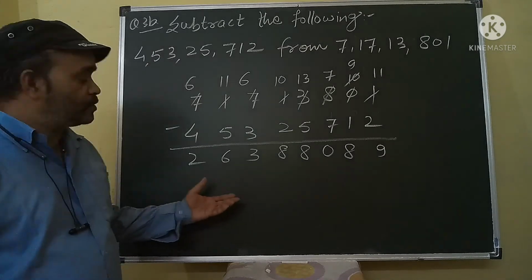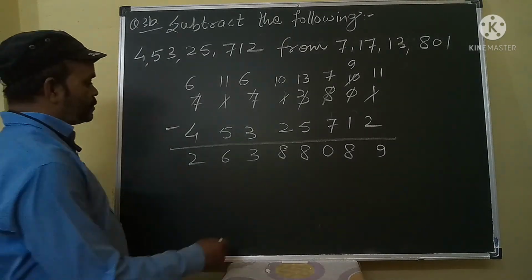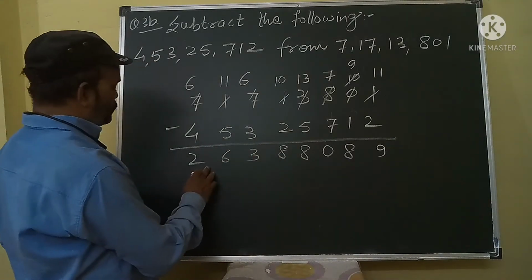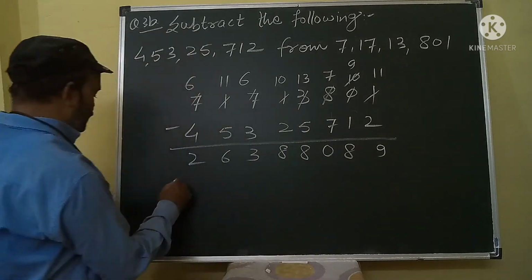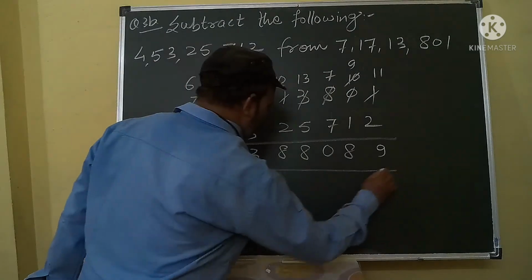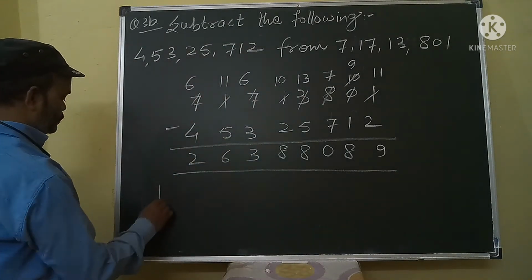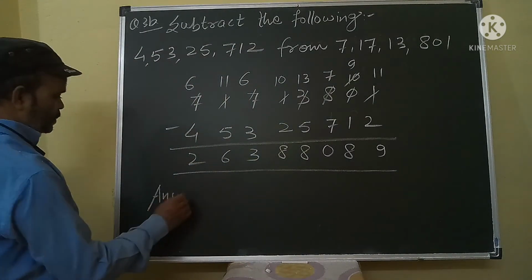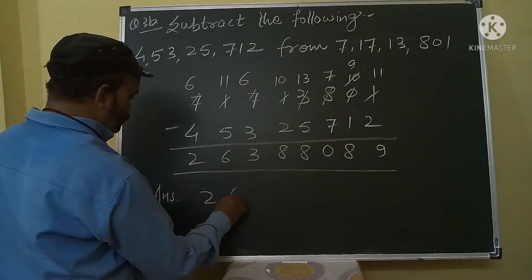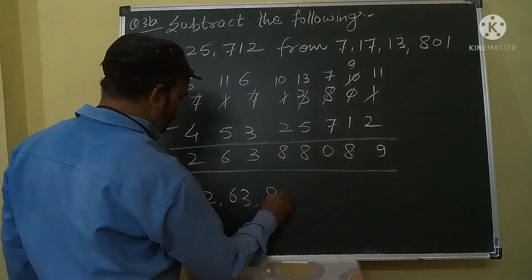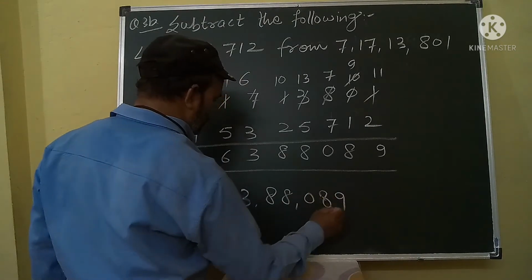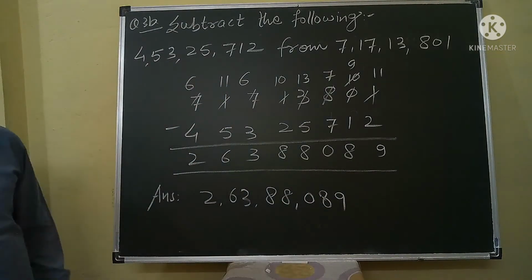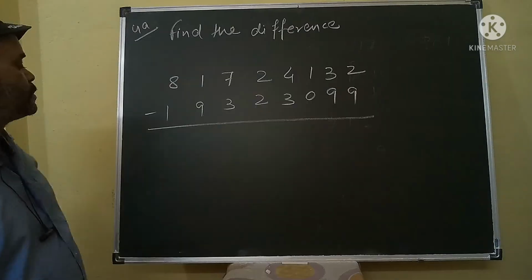So your required answer is 2 crores 63,88,089. This is your required answer.